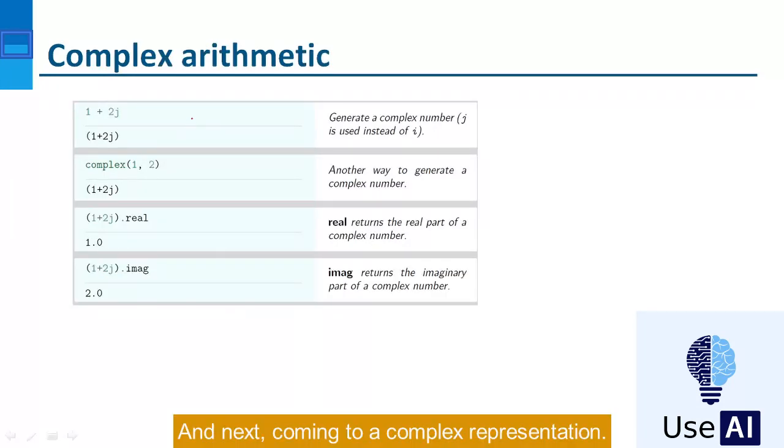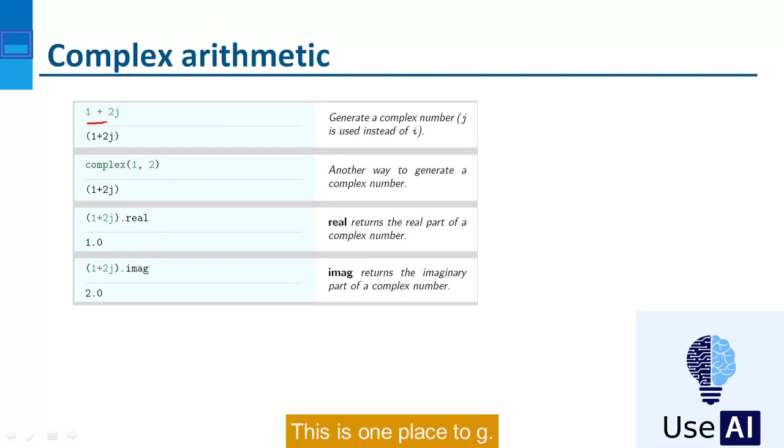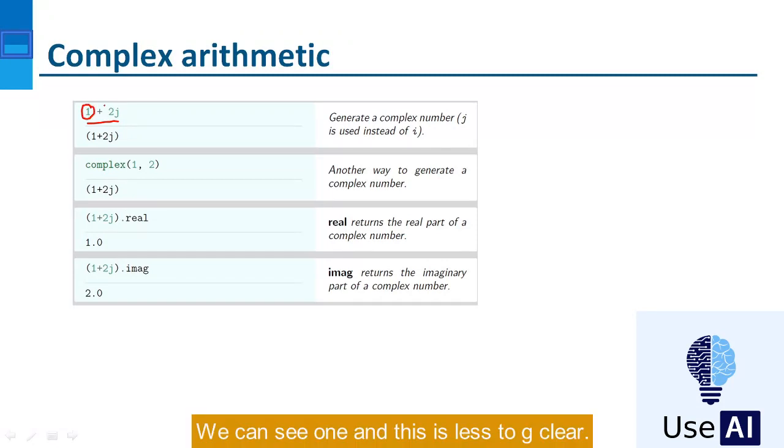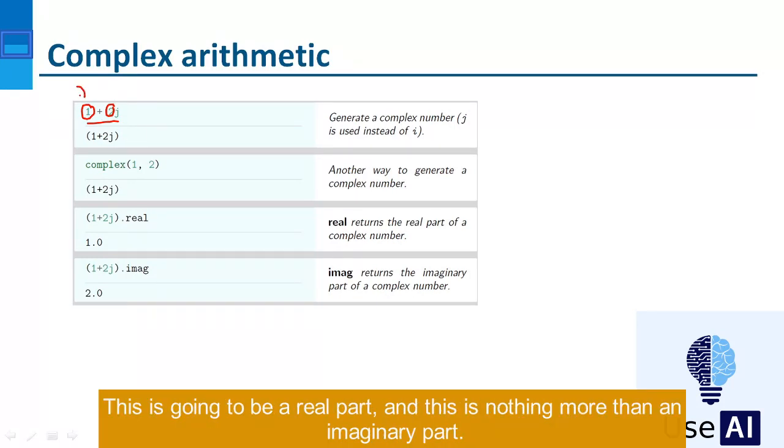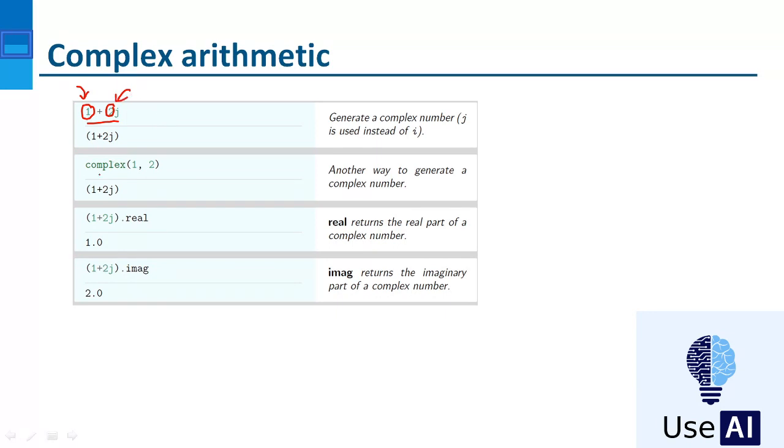And next, coming to complex number representation, this is 1 plus 2j. Okay. So we can see 1 and this is plus 2j. Clear? This is how we can represent a complex number, right? It contains two parts basically. This is going to be a real part and this is nothing but an imaginary part. Okay.